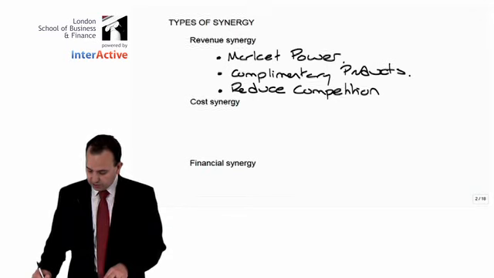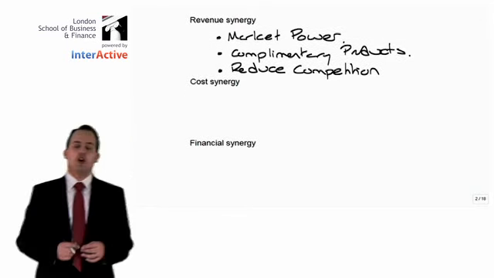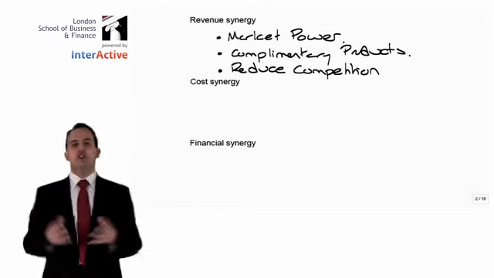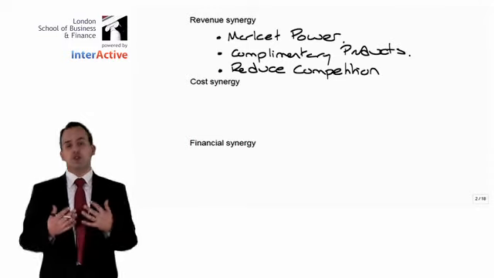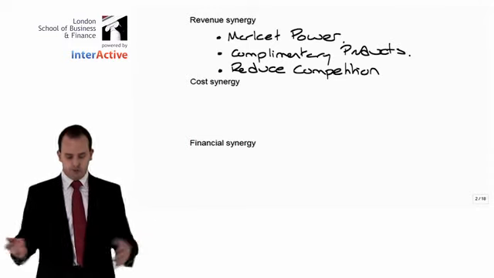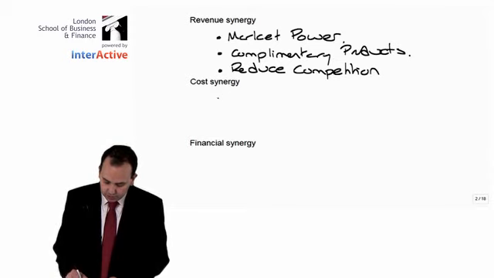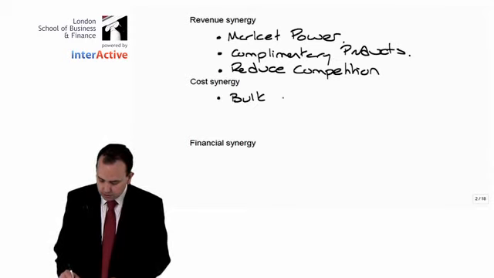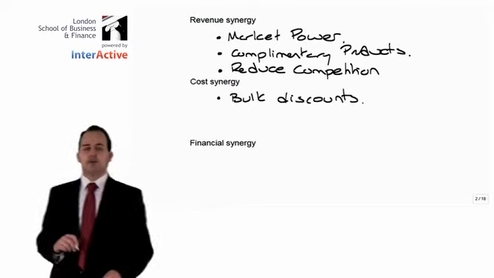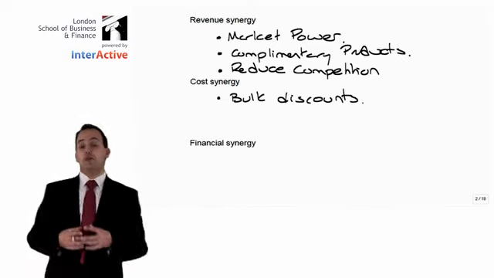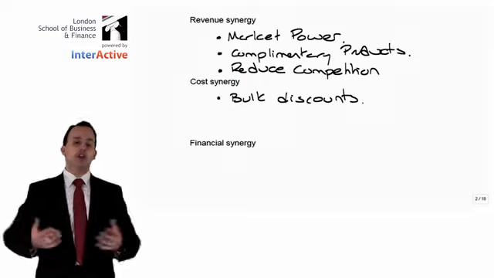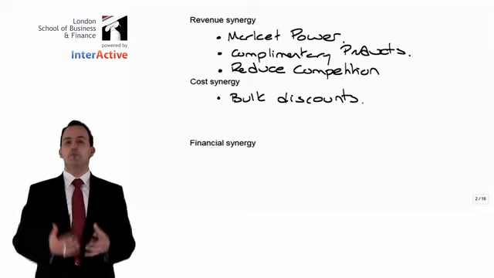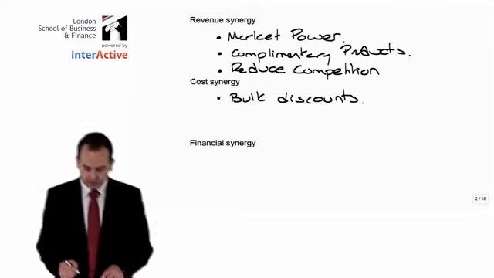The next type of synergy to consider is cost synergy. By merging together with another business, you should be able to reduce your overall costs. Now, first of all, you should be able to benefit from bulk discounts. You can be buying more raw materials, and as a result of this, you should be able to argue a much, much better price from your suppliers.